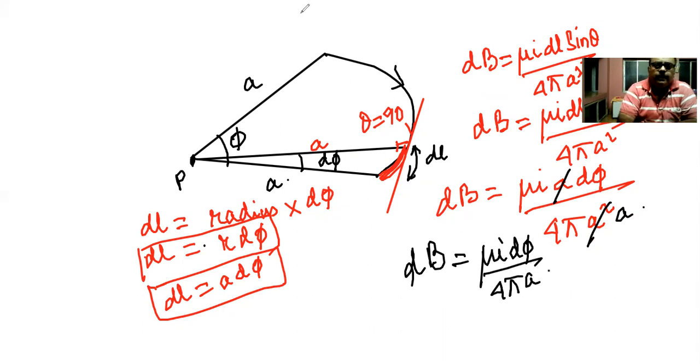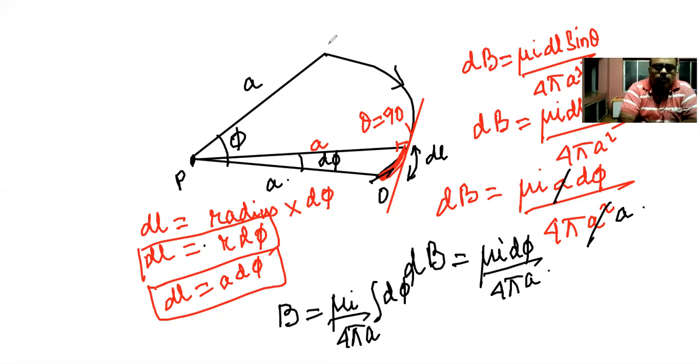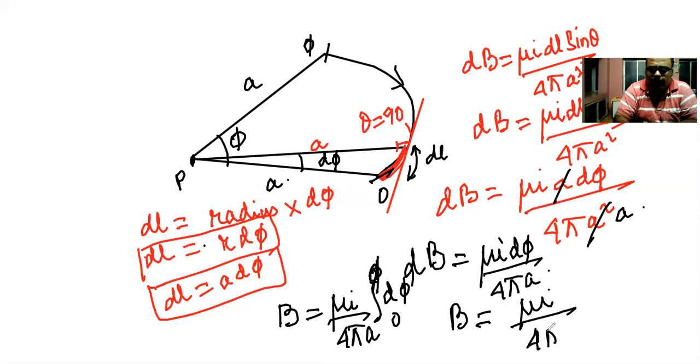Now to find the total B, it is equal to mu I by 4 pi a times the integration of d phi, and the limit will be from 0 to phi. So the magnetic field due to this arc will be equal to mu I by 4 pi a into phi.